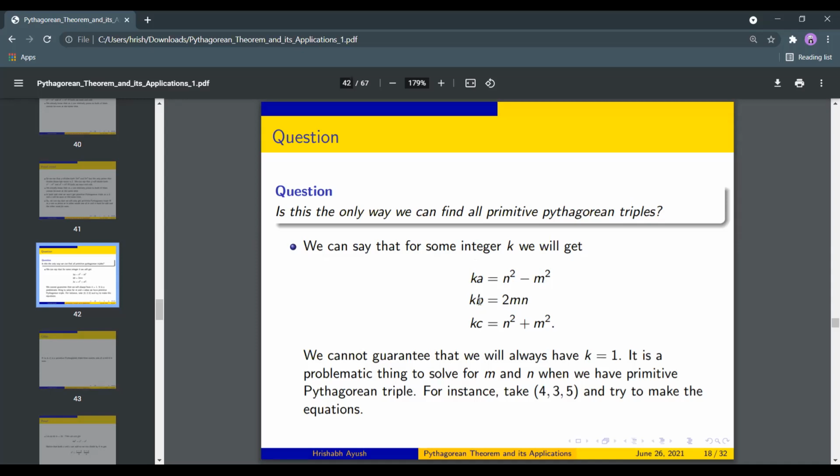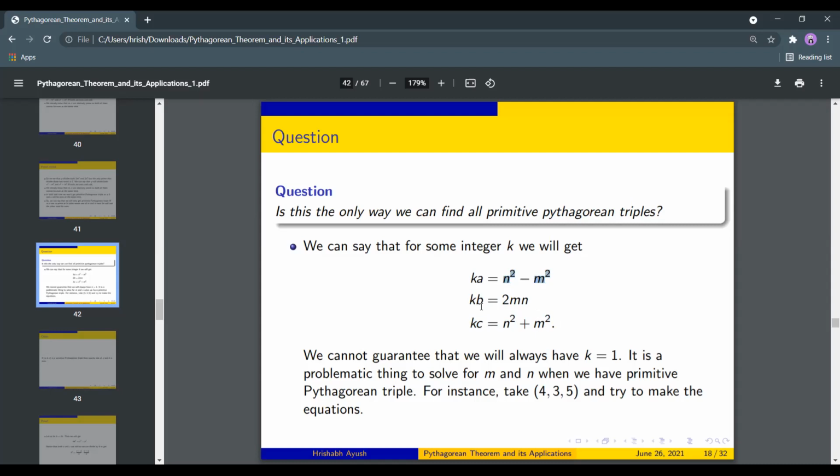The problem is that we need to solve for m and n to have that primitive Pythagorean triple. For instance, you can take 4, 3, 5 and try to make equations with this. It will be very problematic to find all the values of n and m.